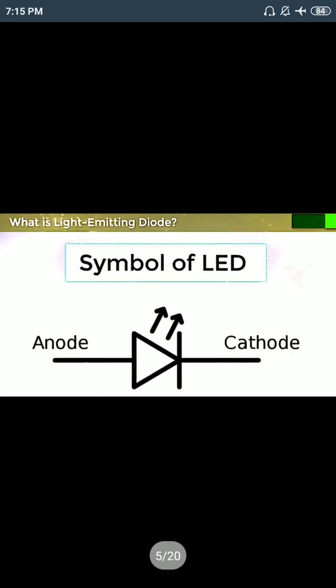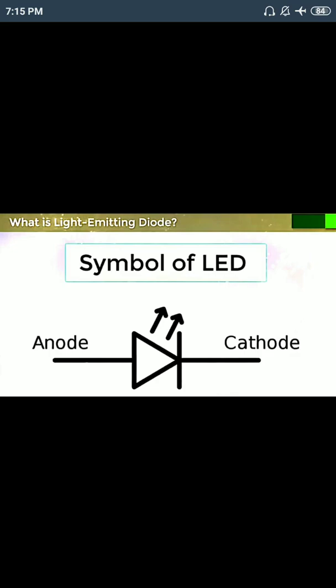This is the symbol of the light emitting diode or LED, because from this diode we get energy, it emits energy. That's why we draw the arrow sign in the outward direction, because from this junction the energy is released, light is emitted, and we see that the LED glows.